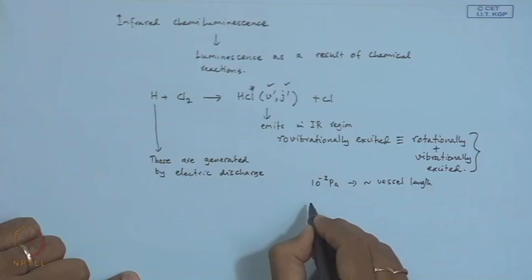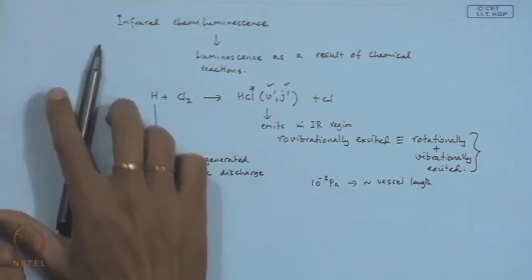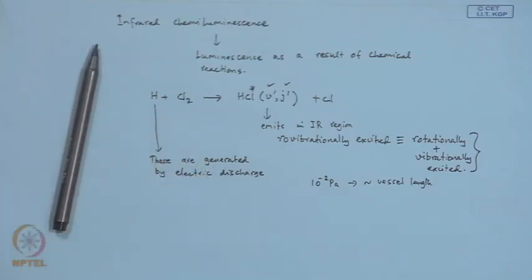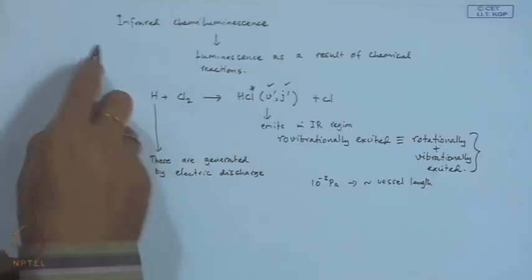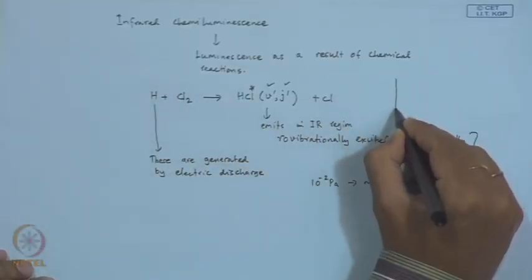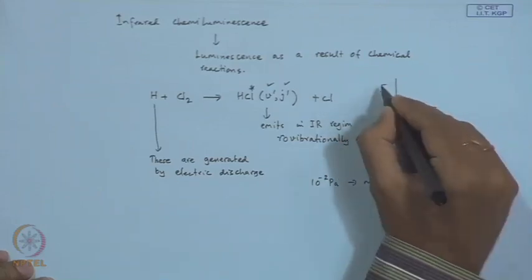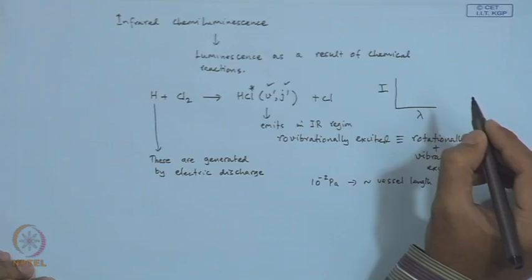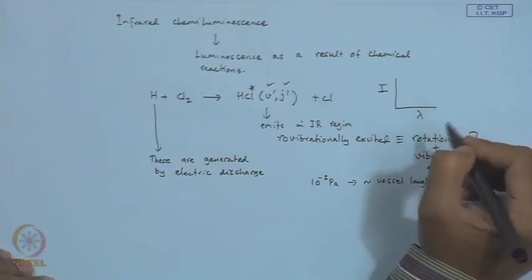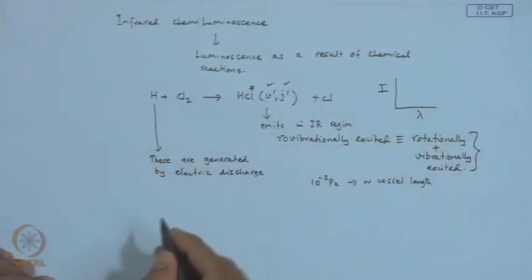Okay. So it looks like an interesting piece of experiment, but the problem is that although in this case it is a nice example that you are getting IR emission, which, when plotted as emission intensity as a function of lambda, will get you important information on the population of various levels.